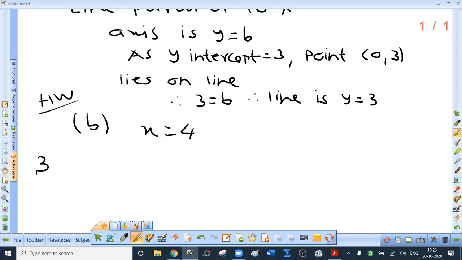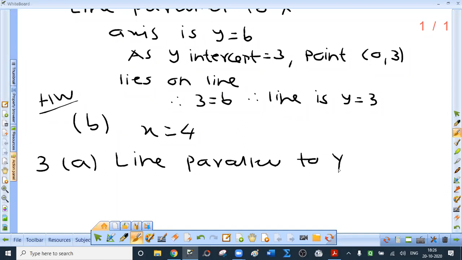Now, the third sum, obtain the equation of the line containing the point A 2, minus 3 and parallel to the y-axis. We'll be doing A part only. Now a line parallel to the y-axis is x equal to a.